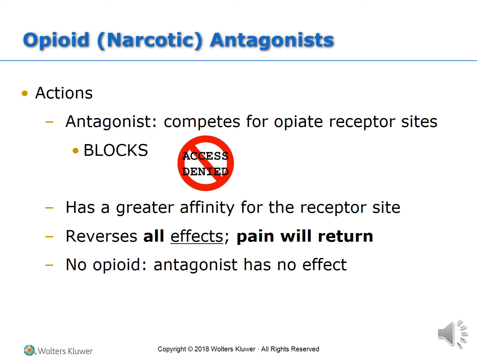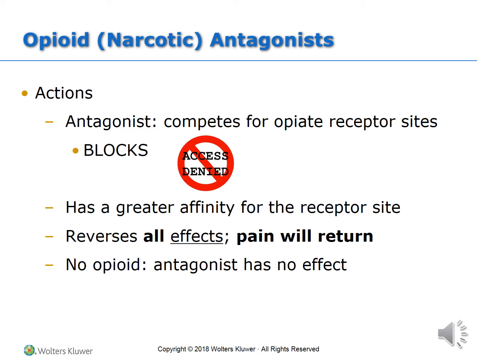And if you're wondering why we would want this to occur, in the event that somebody is experiencing extreme CNS depression, where they have decreased respirations and decreased level of consciousness, and they're in jeopardy, we could administer an opioid antagonist, which will remove that opiate from the receptor site.